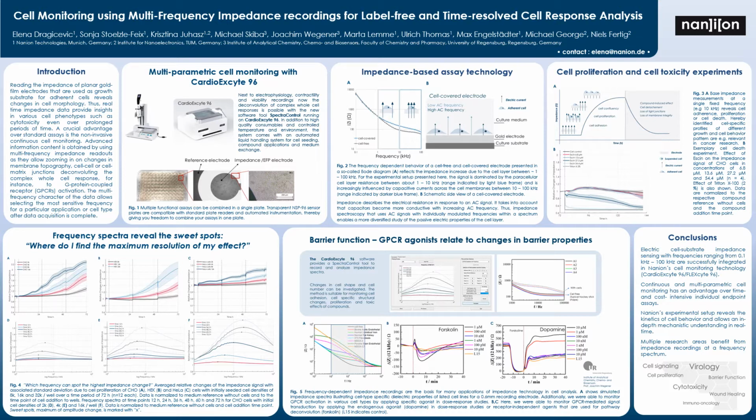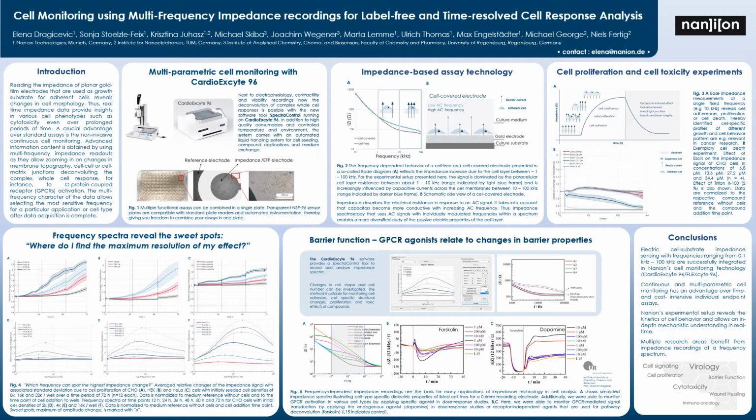Additionally, we were able to monitor GPCR activation in various cell types by applying specific agonists in dose-response studies, as shown in panels B and C. Here, we were able to monitor GPCR-mediated signal transduction by applying the endogenous agonist, dopamine, in dose-response studies, or receptor-independent agents that are used for pathway deconvolution, forskolin.